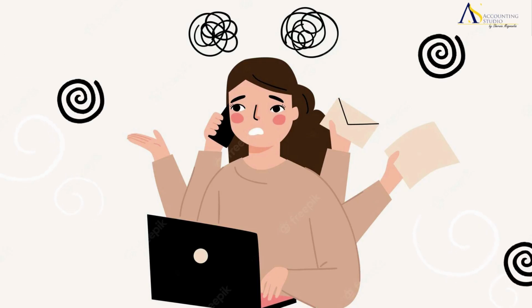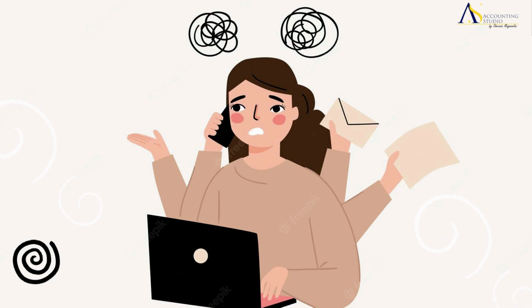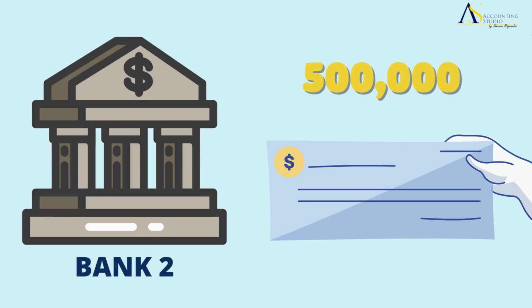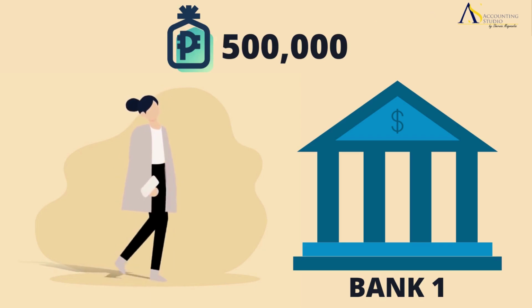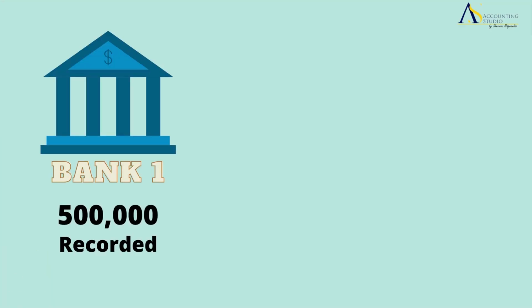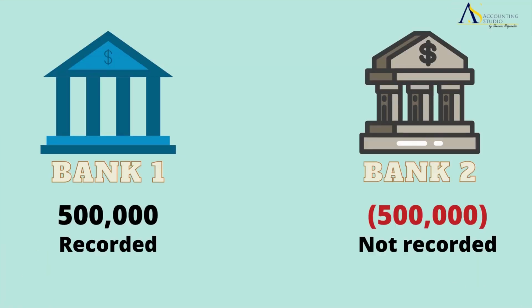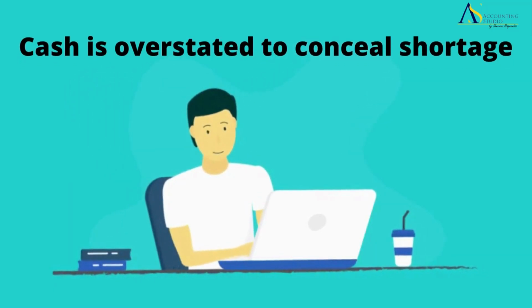On December 31st, she is afraid that the auditor may detect the fraud she made. Thus, she draws a check of 500,000 pesos from the Bank 2 account and deposits it to the Bank 1 account to conceal the shortage. From the given scenario, kiting is done by recording only the receipt portion of the fund transfer but not the disbursement portion. In effect, cash is overstated in order to conceal the shortage.